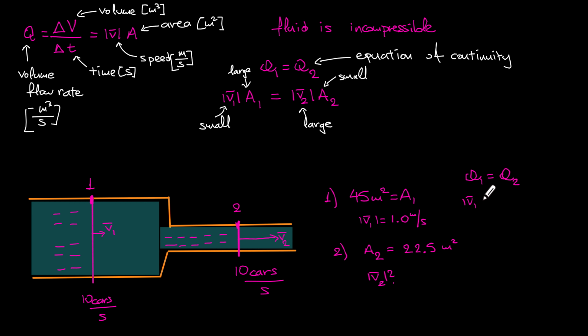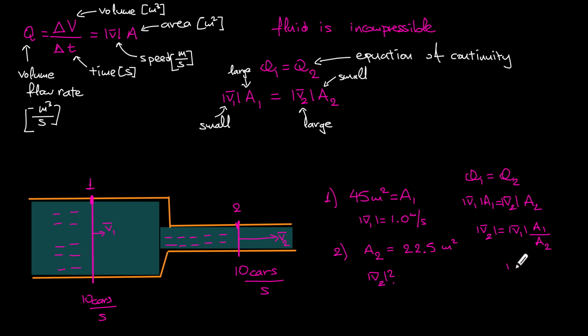So V1 A1 is equal to V2 A2, and from here you can say the speed at 2 will be the speed at location 1 times the area at 1 over the area at 2.